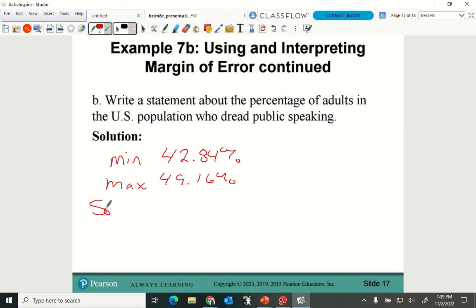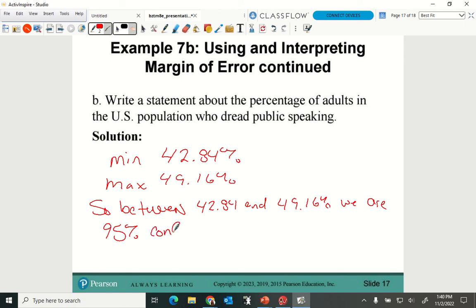So between... and 49.16%, we are 95% confident that the poll is correct.